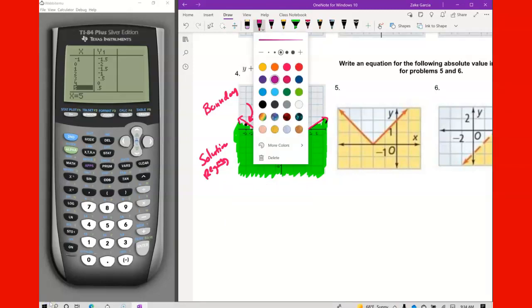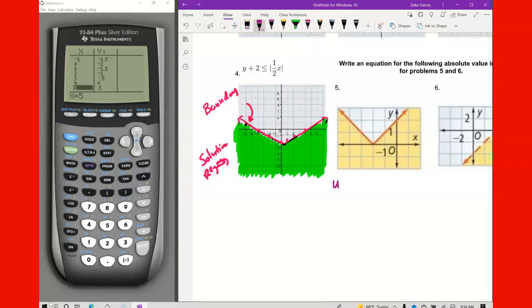For number 5, we're writing the absolute value inequality. So remember that equation that I showed you, y equals a absolute value, and it's going to be x minus h plus k. I'm going to say that a is 1. I'm going to say that h, remember that's going to be the vertex, so it's -2.